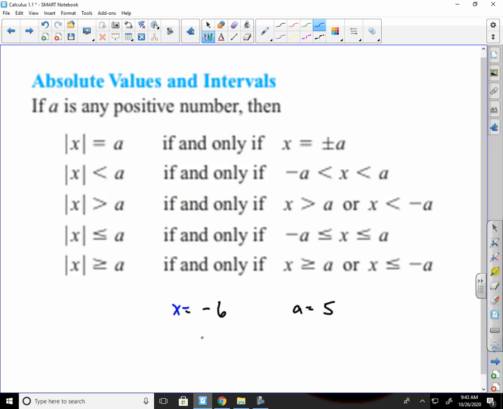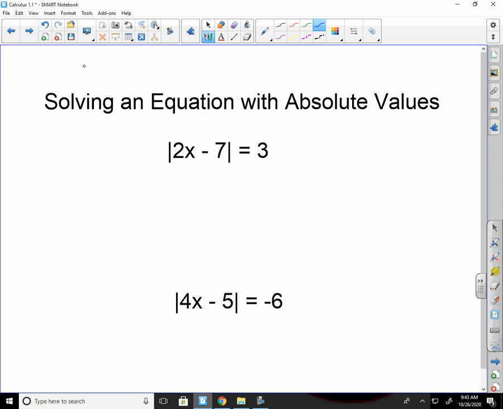So if I take the absolute value of negative 6, that's going to give me 6, which is greater than or equal to 5. Basically, those come in more help whenever we're doing absolute value inequalities.